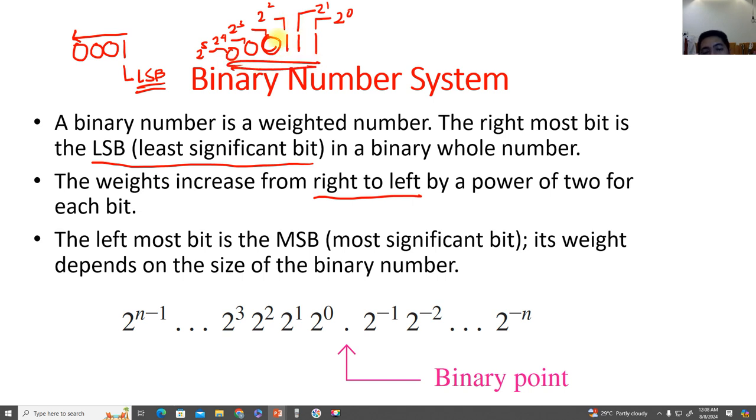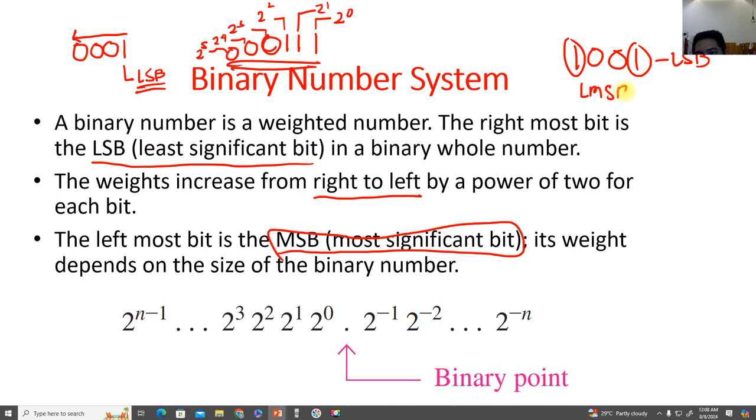Whatever the value, as we go from right to left, the weights increase. The leftmost bit is the MSB, the most significant bit. So for example, in 4 bits, this would be the LSB, and this would be the most significant bit, the MSB.